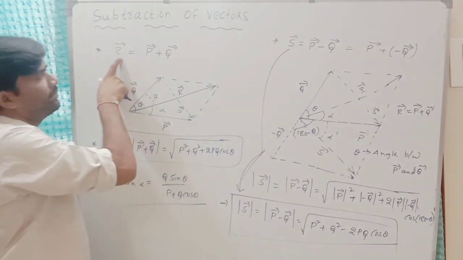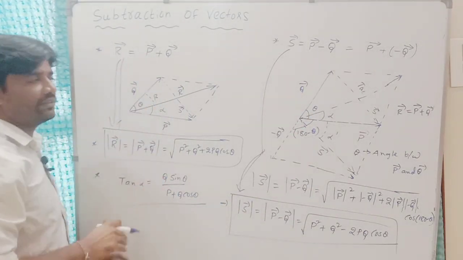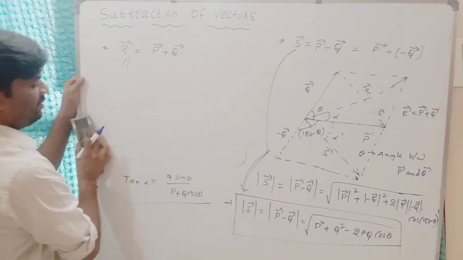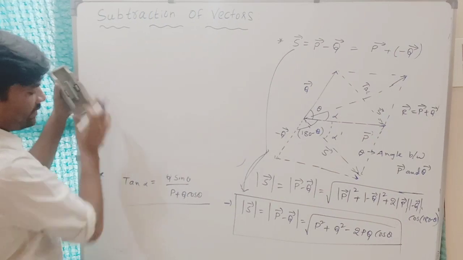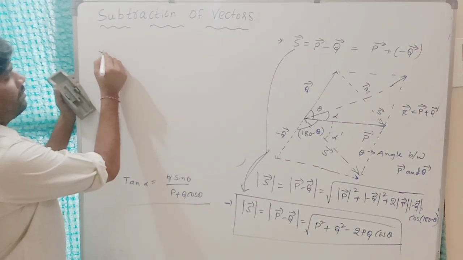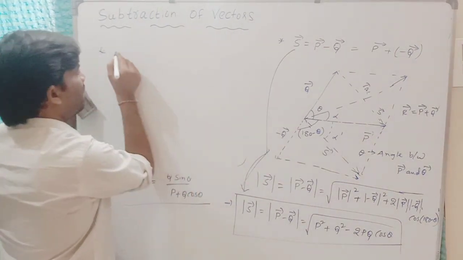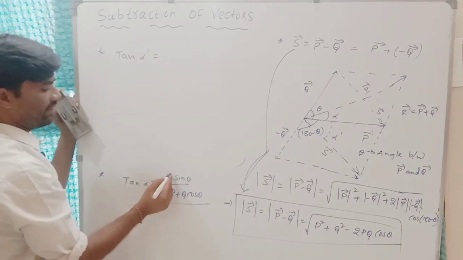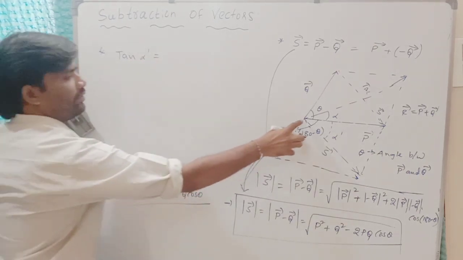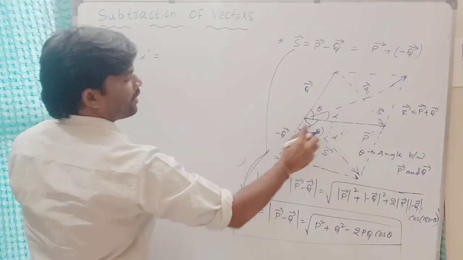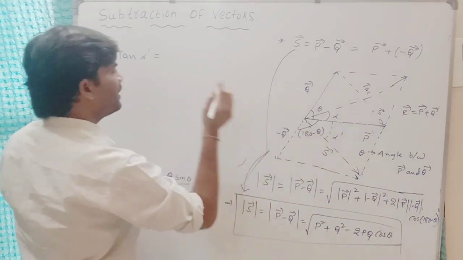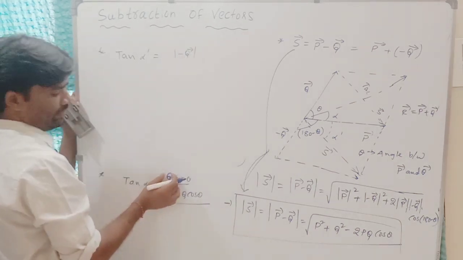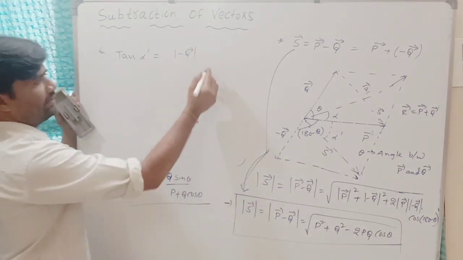The R vector means the sum of these two vectors. Based on this formula, I will apply it for this angle, tan alpha dash. Here Q is there. Instead of Q, we are going to apply this formula to P and minus Q, mod of minus Q. This without bar means mod only.